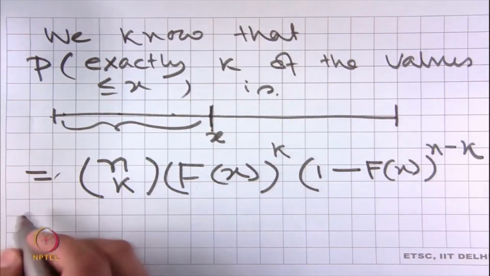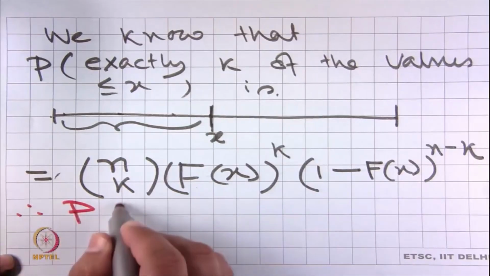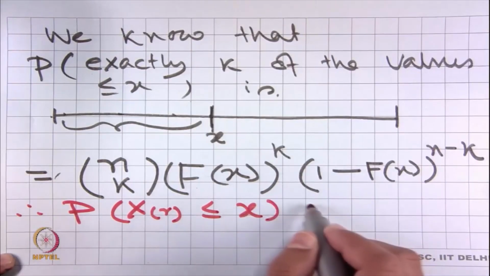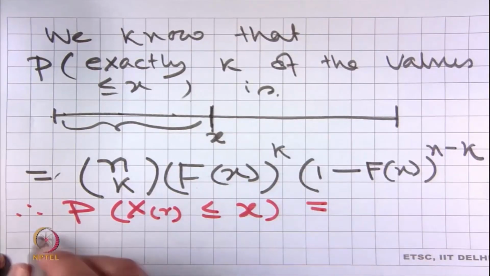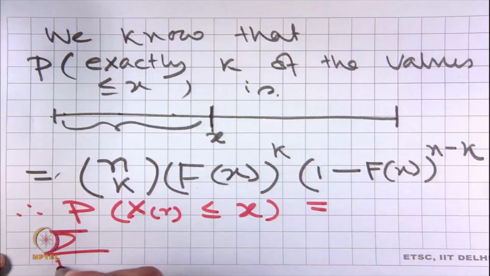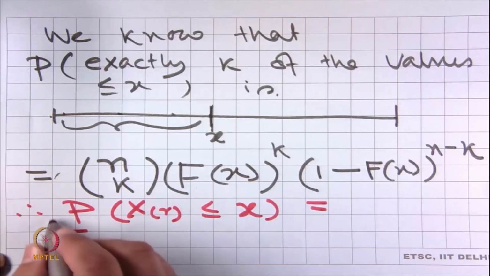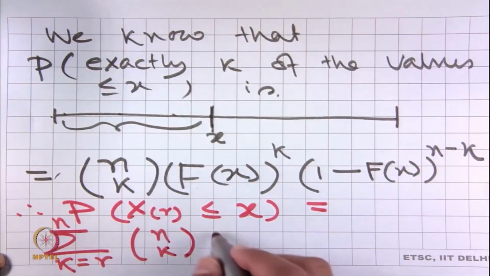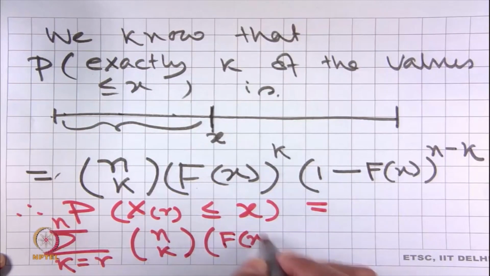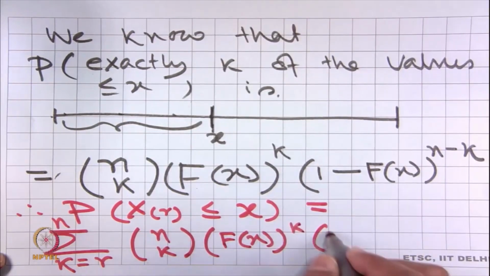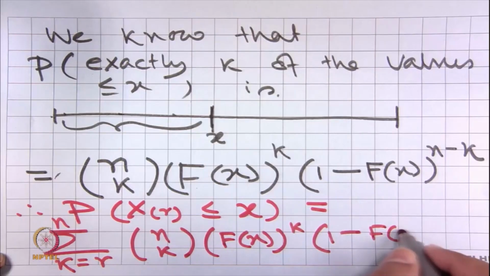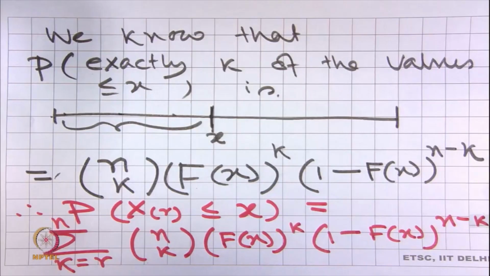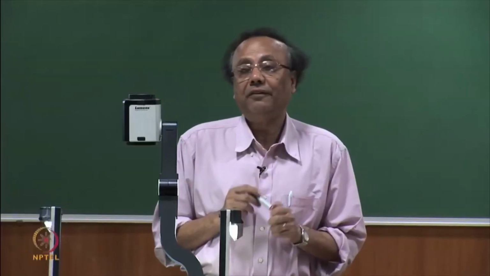Therefore, probability X(r) less than or equal to x can be written as the summation k equal to r to n of nCk F(x) to the power k (1 minus F(x)) whole to the power n minus k.